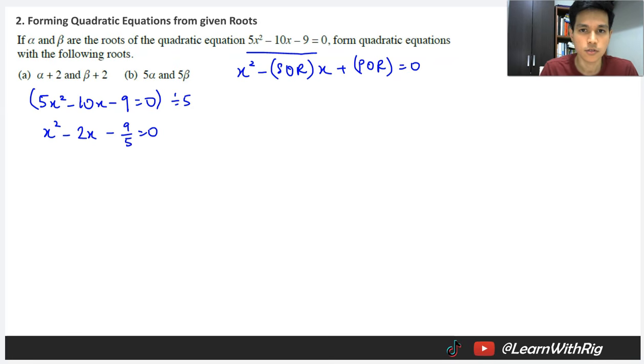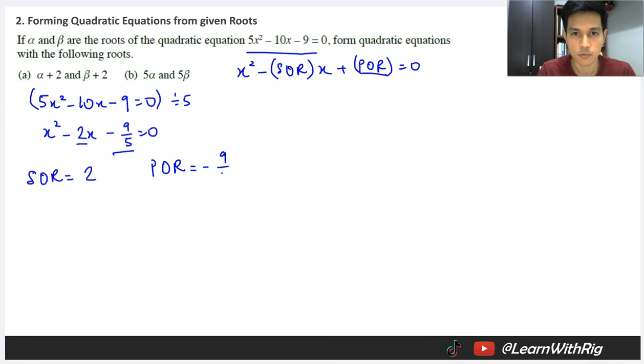So what can you know from this? You know that SOR is equal to 2, correct? And POR is equal to negative 9 over 5.